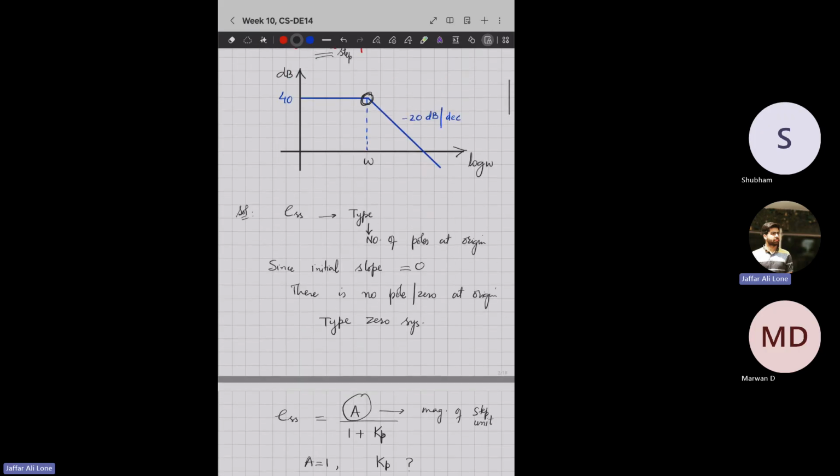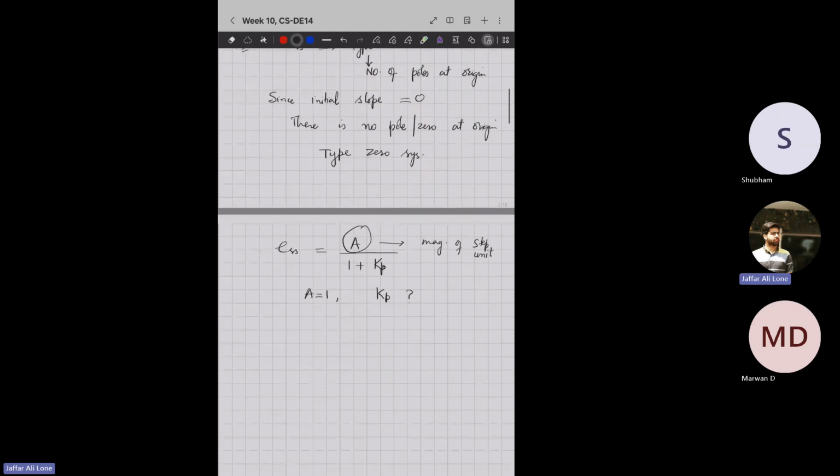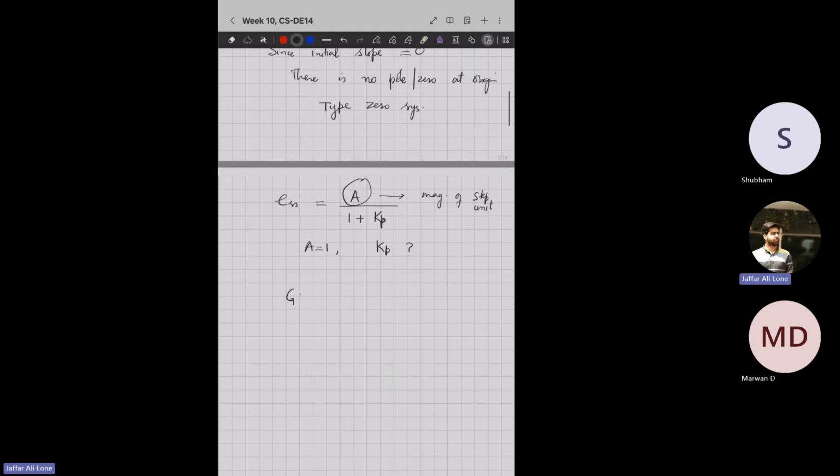Since we can write the transfer function in the time constant form, we can write this transfer function from the Bode plot like this: G(s) = K divided by (1 + sT), right?